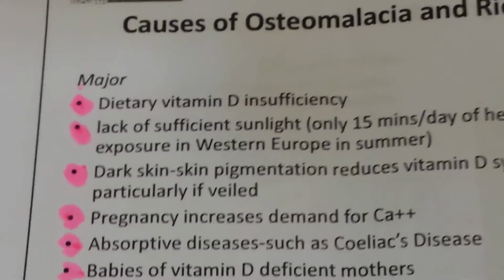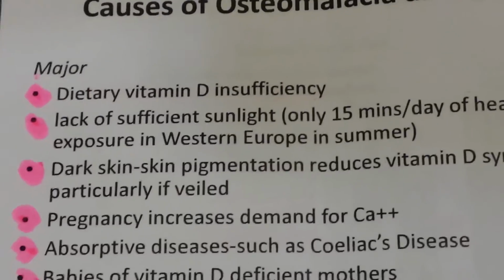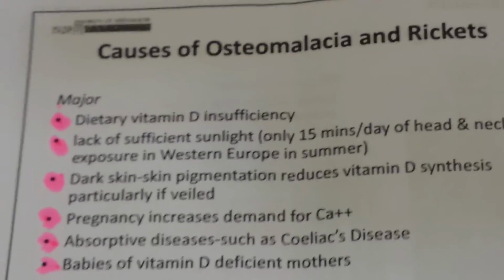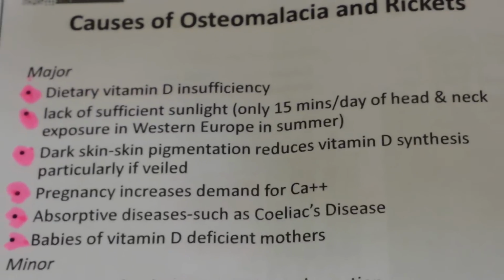Compact bone, chondrocytes and cartilage. Causes of osteomalacia and rickets: dietary vitamin D insufficiency, a lack of sufficient sunlight, dark skin pigmentation, and pregnancy increases osteomalacia.